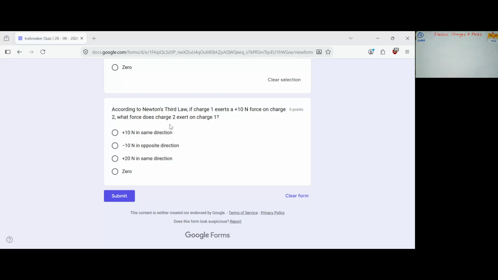According to Newton's third law of motion, if charge Q1 exerts an electrostatic force of plus 10 Newton on charge 2, what force does charge Q2 exert on charge Q1? Plus 10 Newton in same direction, minus 10 Newton in opposite direction, plus 20 Newton in same direction, or 0.